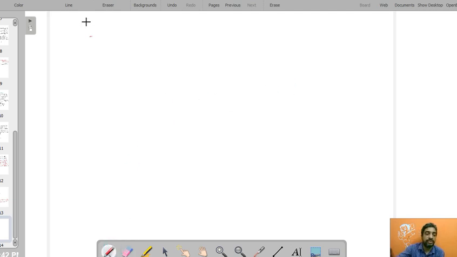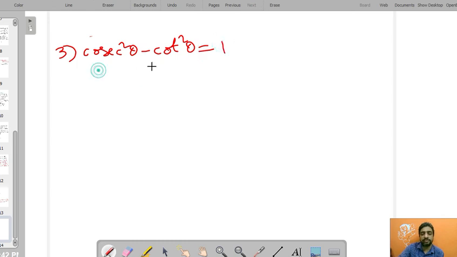Let us do it once again. So the third identity is cosecant square theta minus cot square theta is equal to 1. A square minus b square is equal to a plus b into a minus b. So let us write that formula.